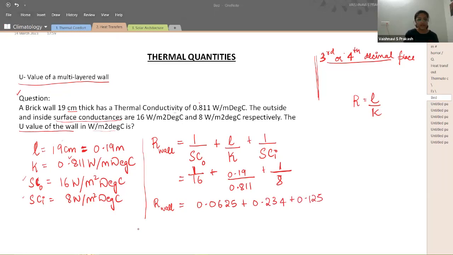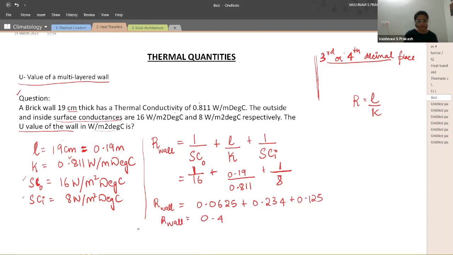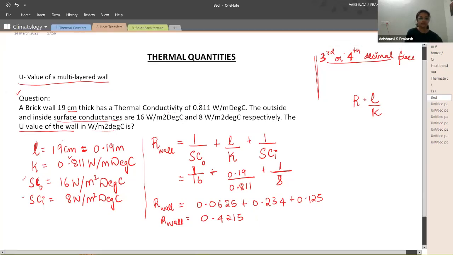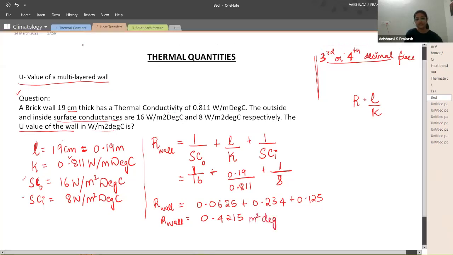I think we get 0.421, no? Cross check, please. Yes, okay, 0.421, and if it's right until the third decimal, it's proper. The unit is meter square degree centigrade per watt.